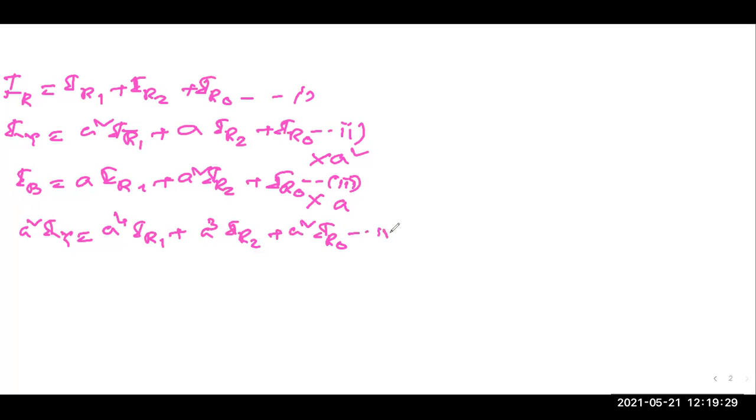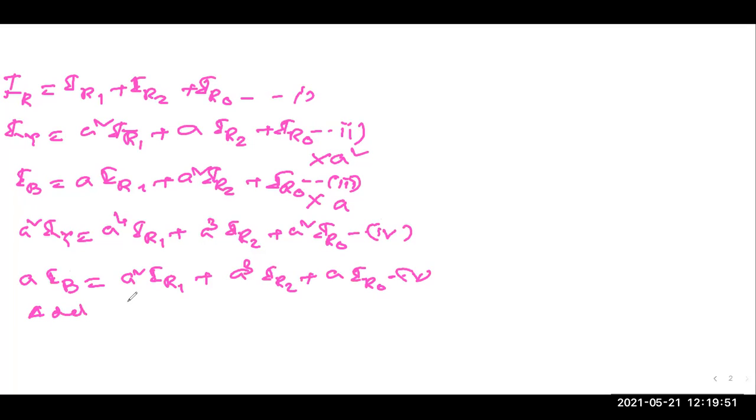This is equation 4. Now, A into IB is equal to A square into IR1 plus A cube into IR2 plus A into IR0. So now add 1, 4, and 5.